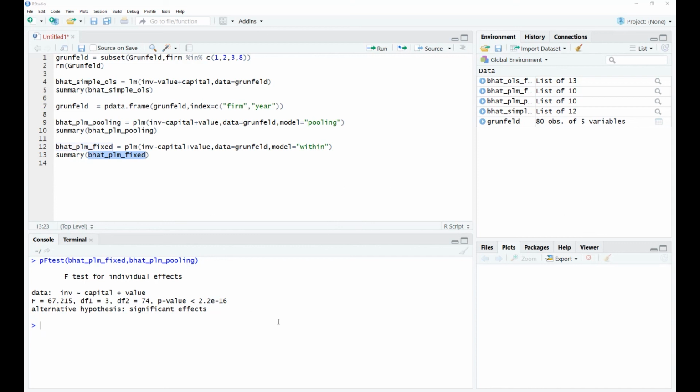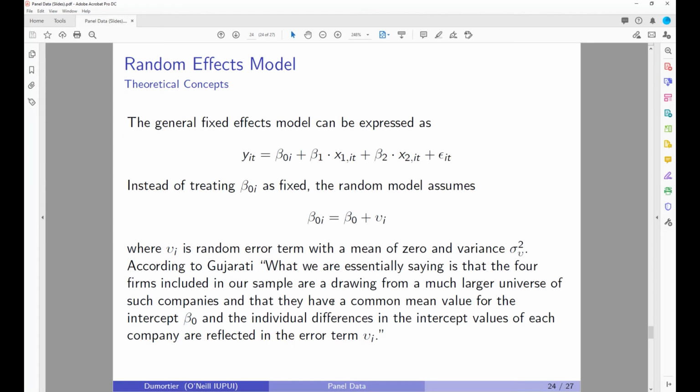Now, this is the fixed effects model, but there's also a second type of panel data model, which is called the random effects model. Basically, what the random effects model does, it assumes that the firms that we have drawn are part of a much larger data set or much larger population, and that the intercepts that we are determining are actually random variables and not necessarily fixed variables as we have done in the fixed effects model.